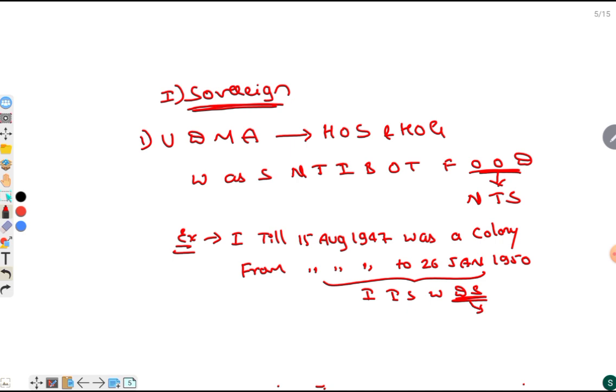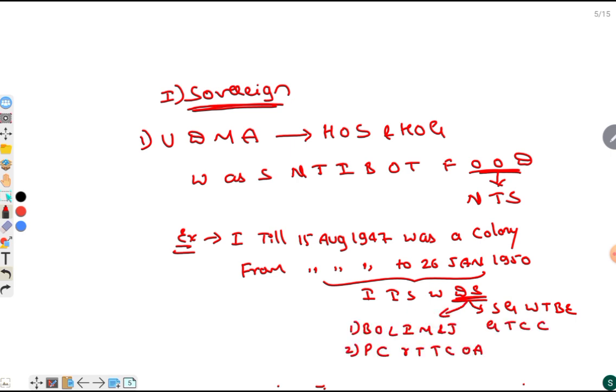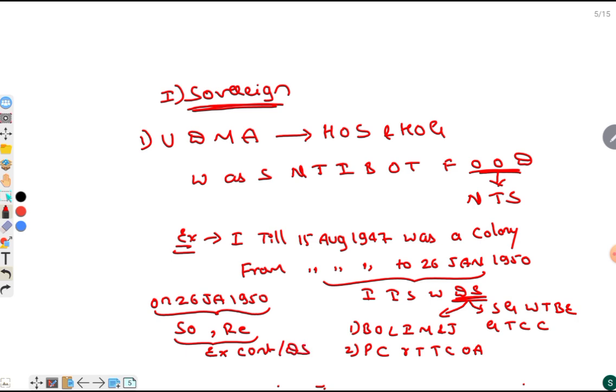It is a form of self-governance within the British Empire granted to certain colonies. Hence, India was an independent state with dominion status. And lastly, on 26 Jan 1950, India became a sovereign republic. Now there is no external control or dominion status. Sovereignty exists in two types.